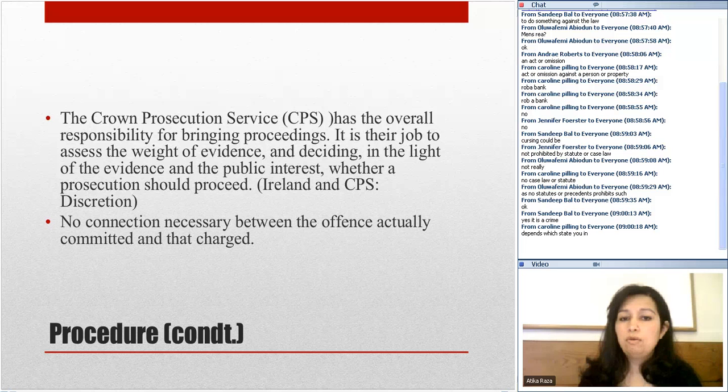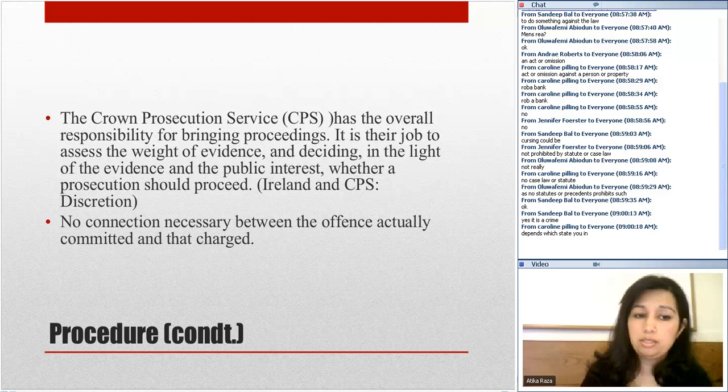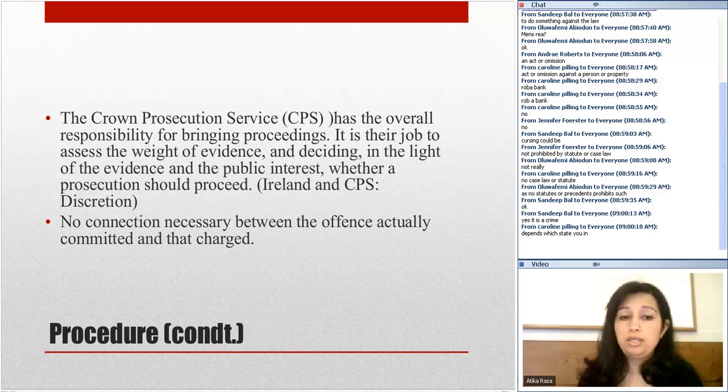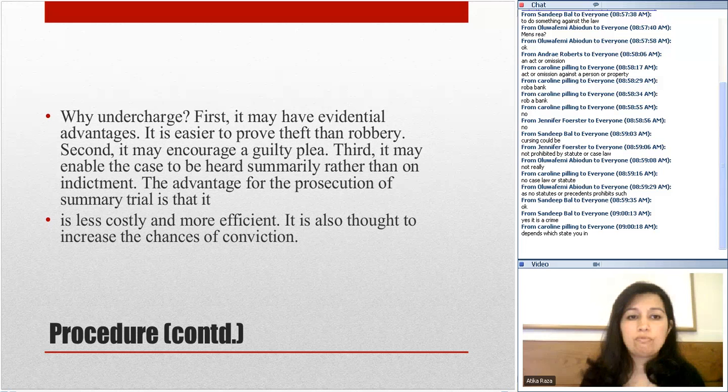It's up to the CPS to see whether they should take this person or this offense to the court or not. There not necessarily has to be a connection for CPS between the offense actually committed and charged, but they decide, like I said, on the side of evidence and public interest.